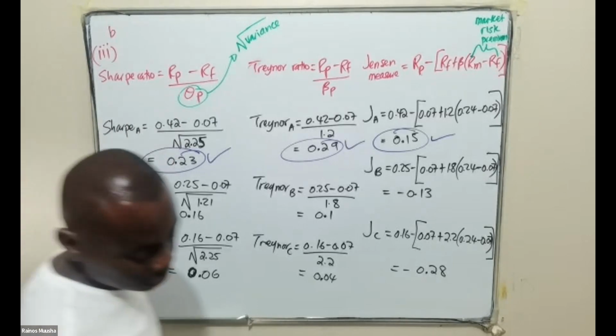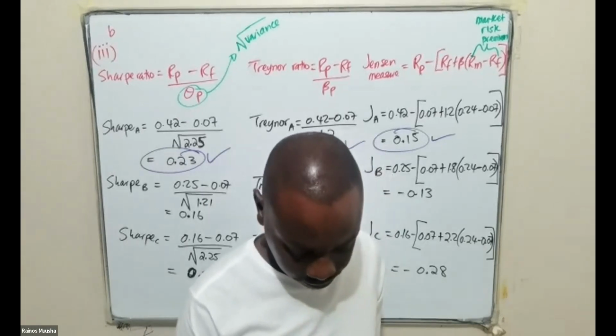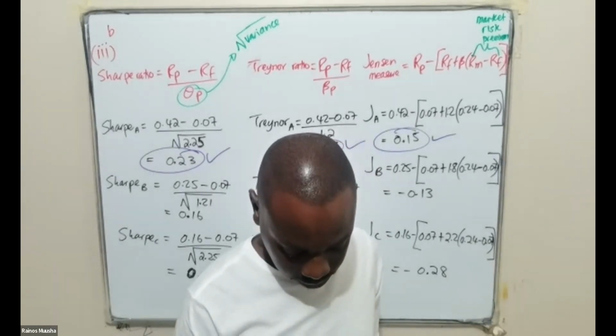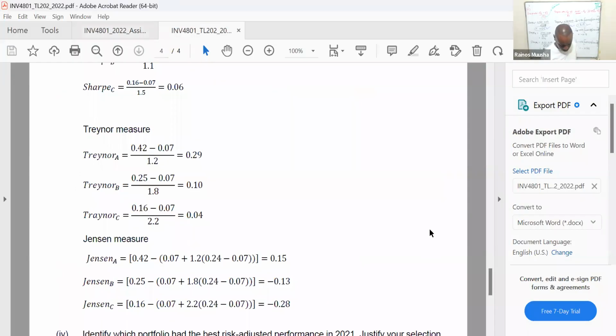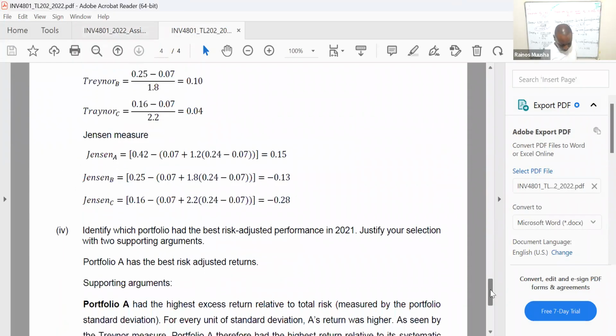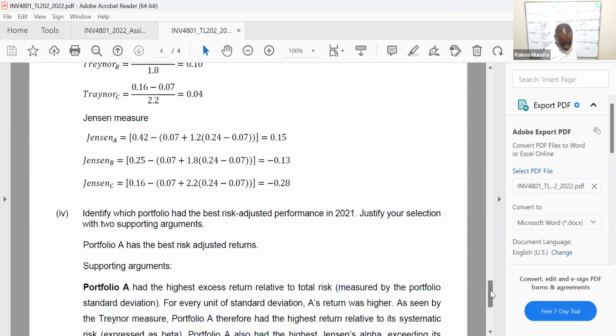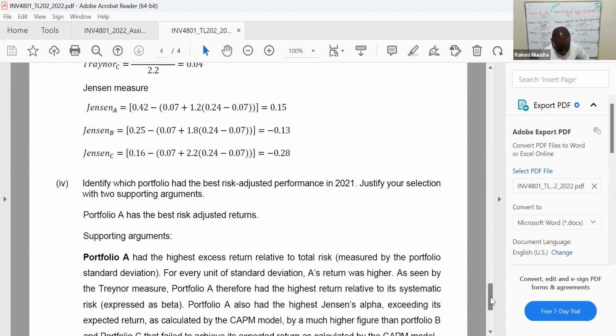So if you check the lecturer's memo, it says portfolio A has the best risk-adjusted return.